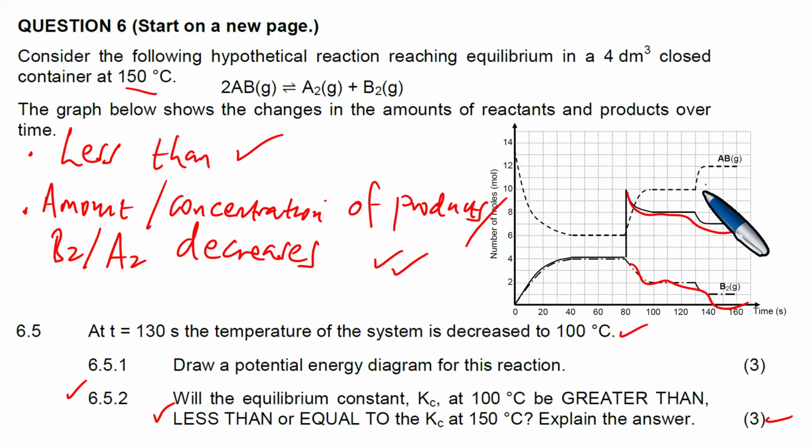Obviously, we are able to see that the concentration of the A2 decreases. And also, we're looking at T equals 130 seconds. A2 and B2 decrease.